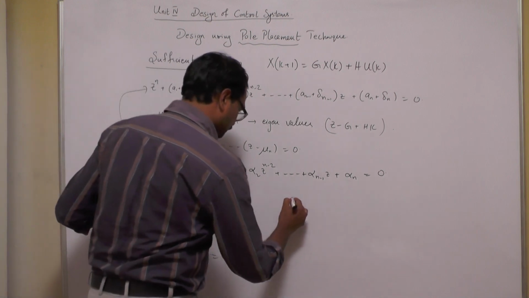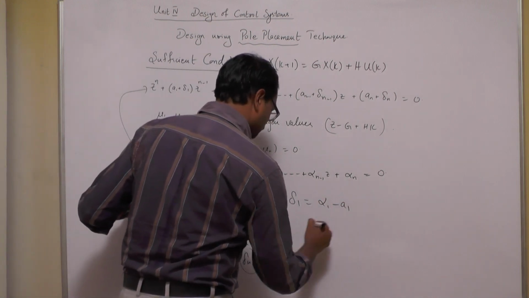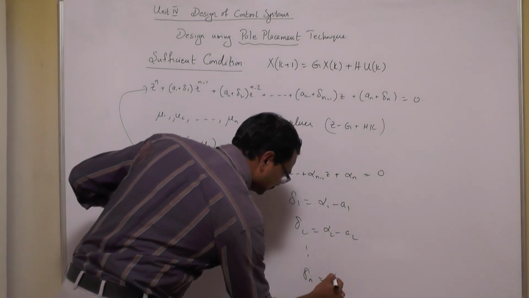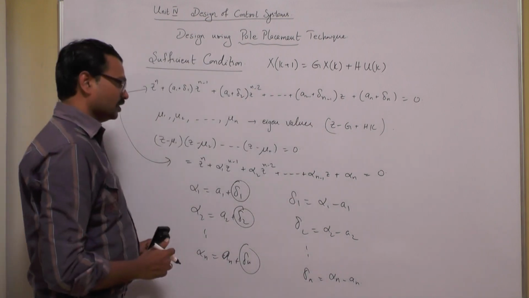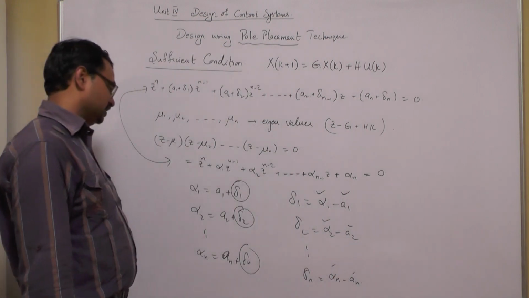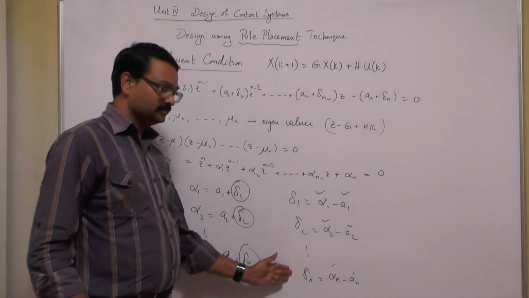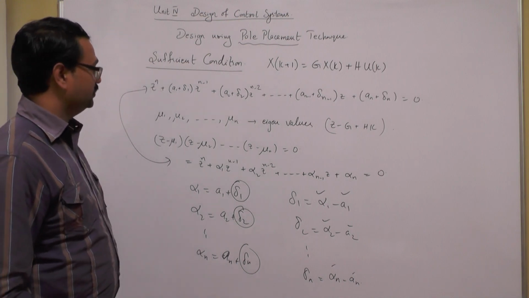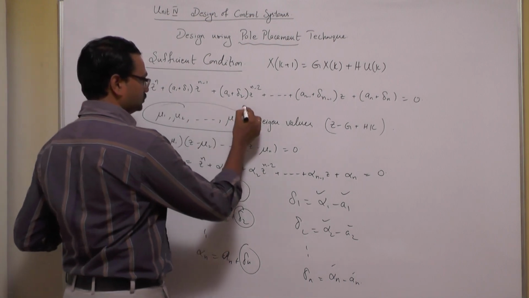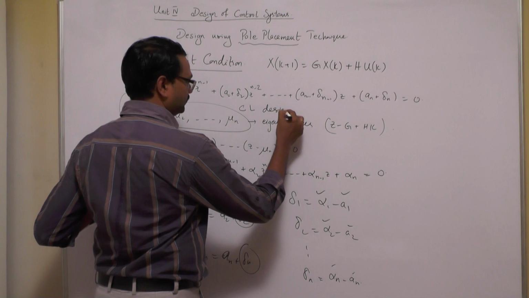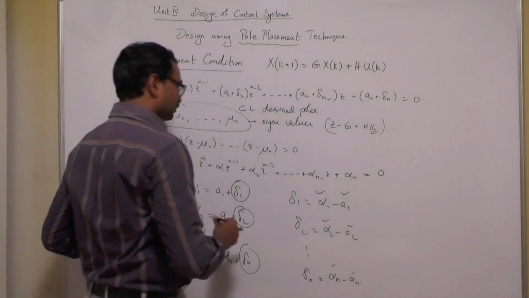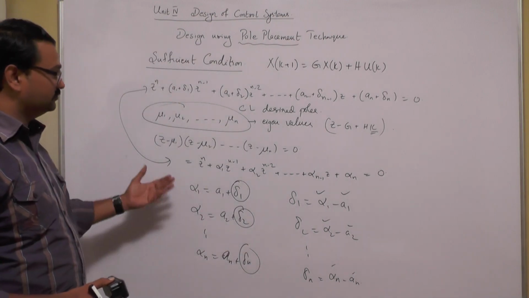So del 1 is alpha 1 minus a1, del 2 is alpha 2 minus a2, del n is alpha n minus an. Now all alphas and a's are known, and we can find the dels from these equations. These are the closed loop desired poles when you are applying feedback K. So you can find them easily from these values.